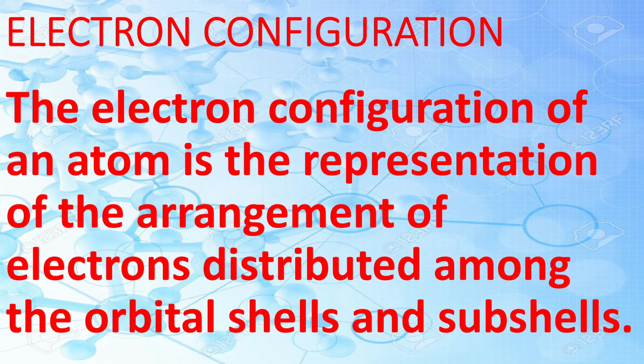So now, let's proceed to electron configuration. What is electron configuration? The electron configuration of an atom is the representation of the arrangement of electrons distributed among the orbital shells and subshells.